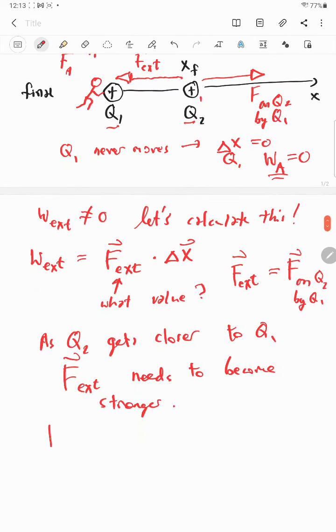And what this means is F external varies along the displacement.